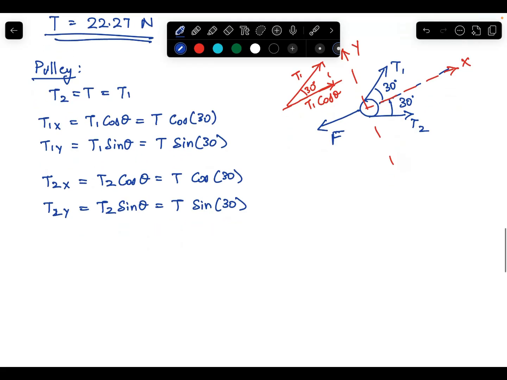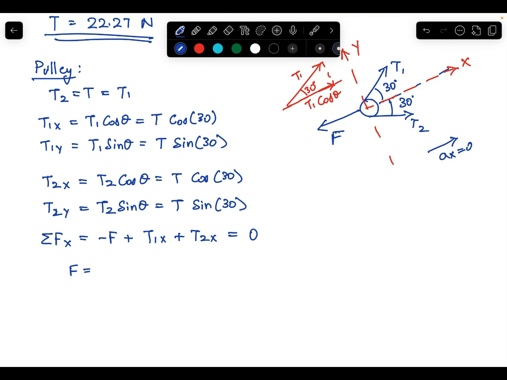Now let's set up our equations. Forces in the x direction, there is negative F and then positive T1x and positive T2x. We don't know the value of F. Now one thing again we can be sure of is that the acceleration in the x direction is 0 because it's keeping the foot steady. So this will be 0.